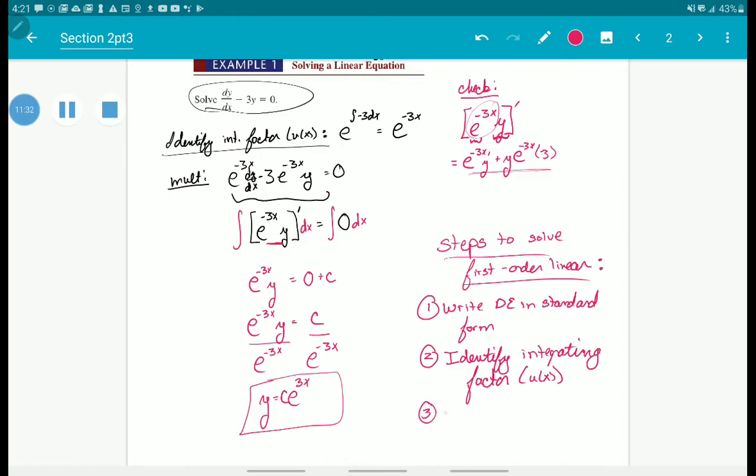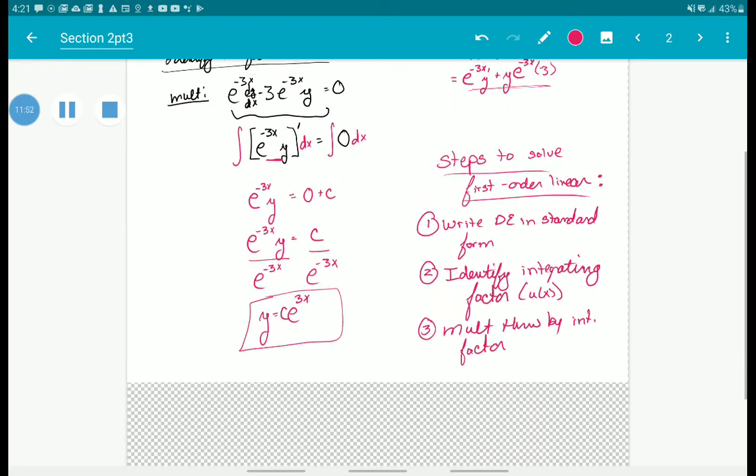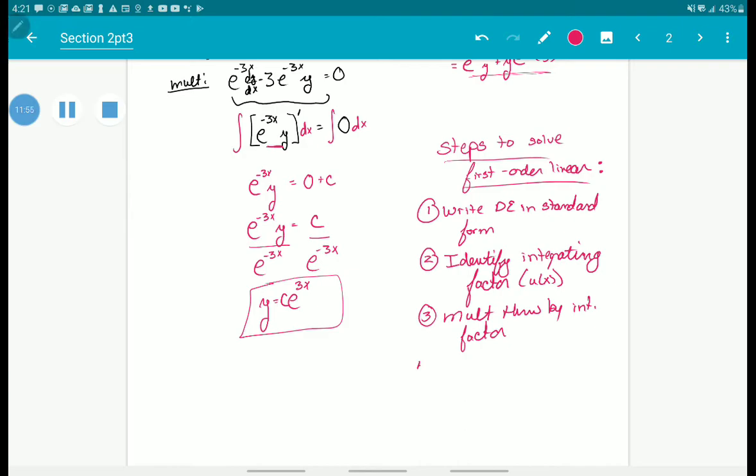So after you do that, you're going to multiply through. And then after we multiplied through, we did a rewrite. And we actually rewrote this step in terms of a derivative.